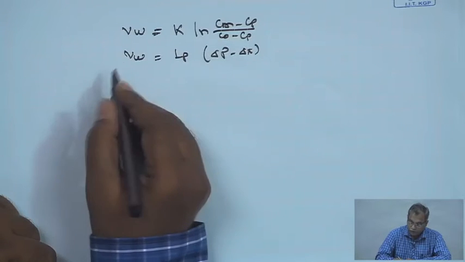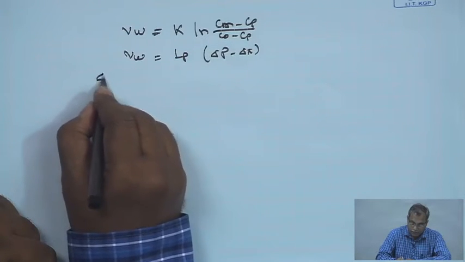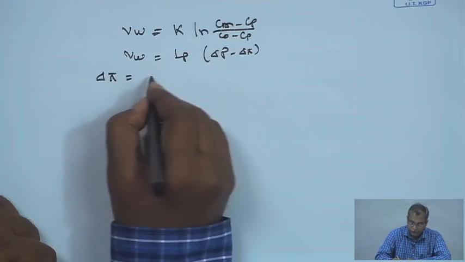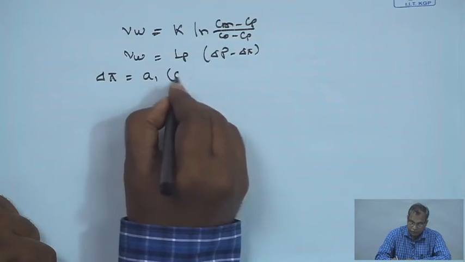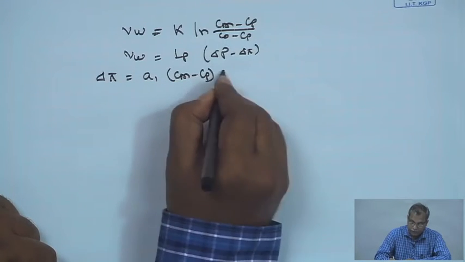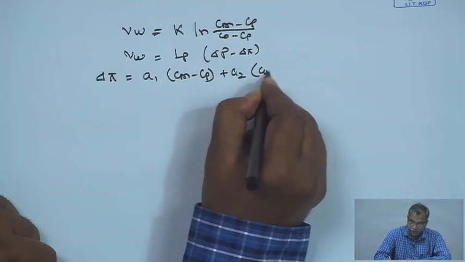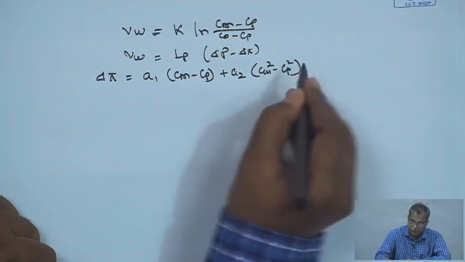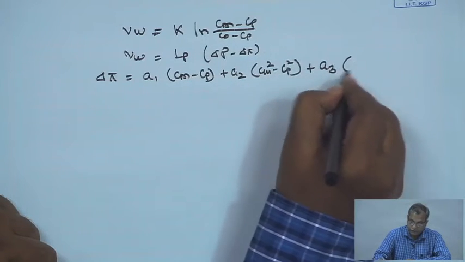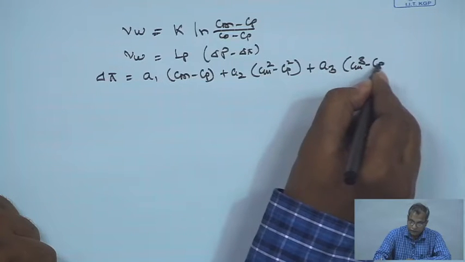And we have also seen how delta pi is related to Cm and Cp as A1 (Cm minus Cp) plus A2 (Cm square minus Cp square) plus A3 (Cm cube minus Cp cube).